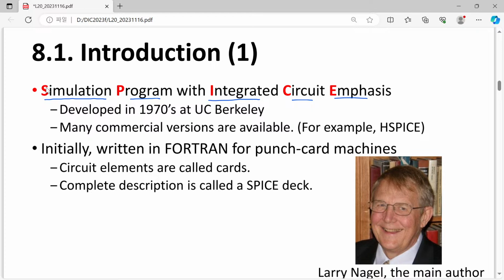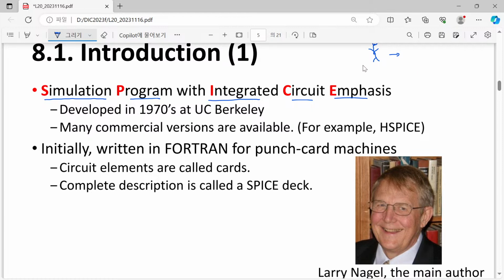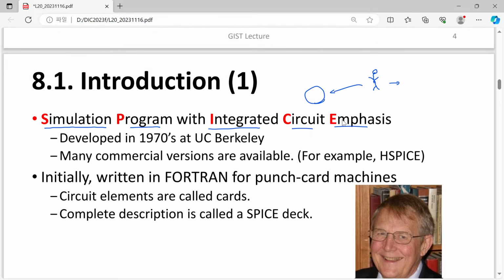I have read that SPICE was originally developed as a term project at UC Berkeley. At the time, a professor who was involved with some army came to UC Berkeley. He had a circuit simulation code. However, his code was under contract with the US Army.